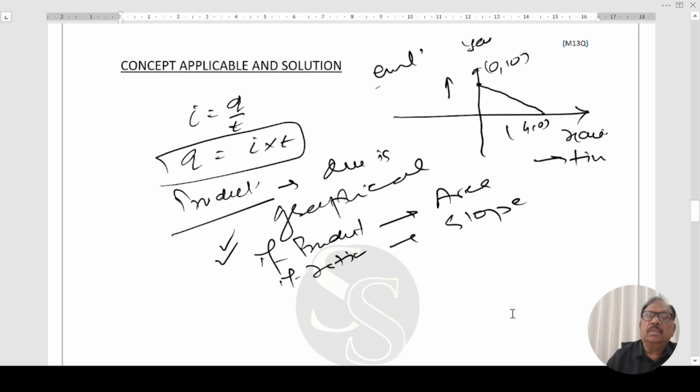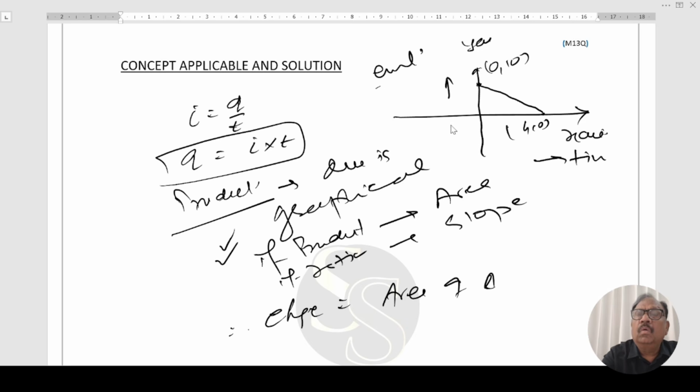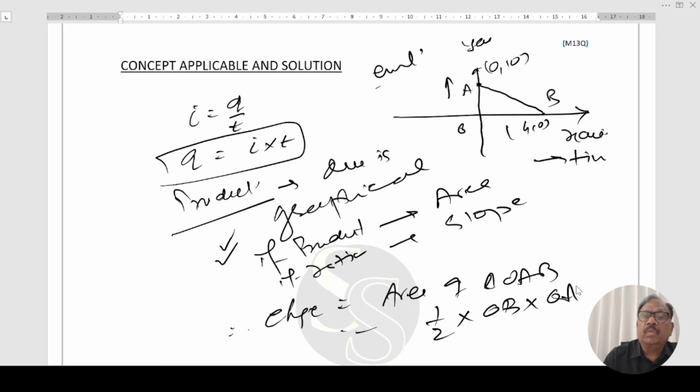Now, therefore, charge will be equal to the area of triangle OAB. That is half base OB into OA.